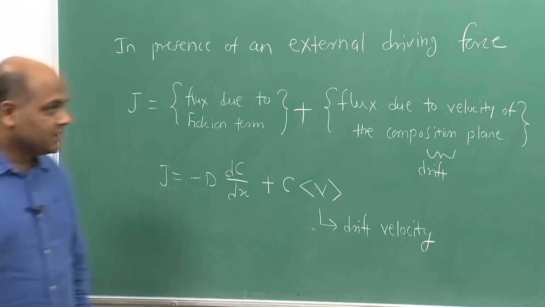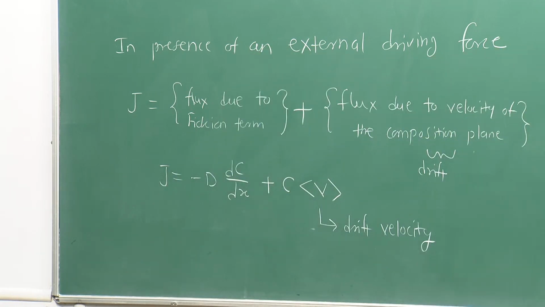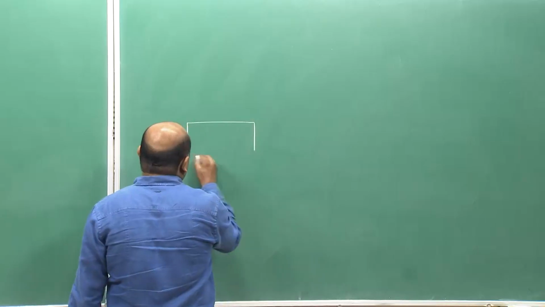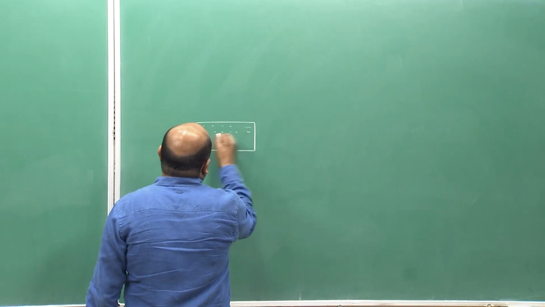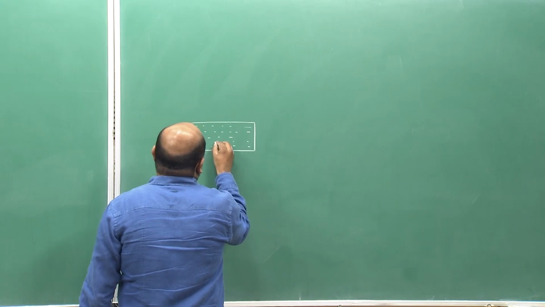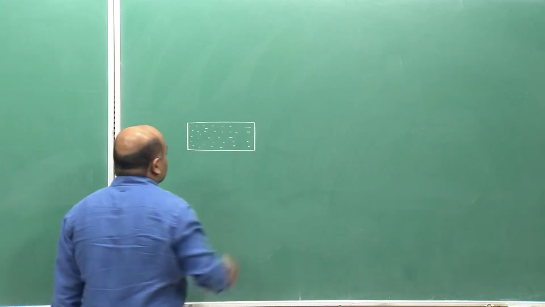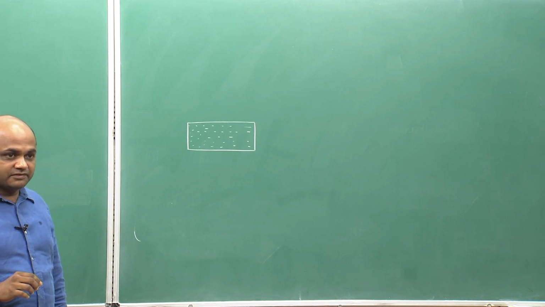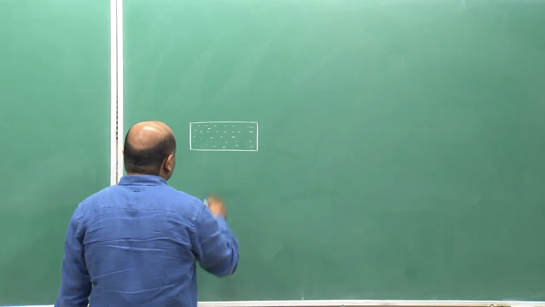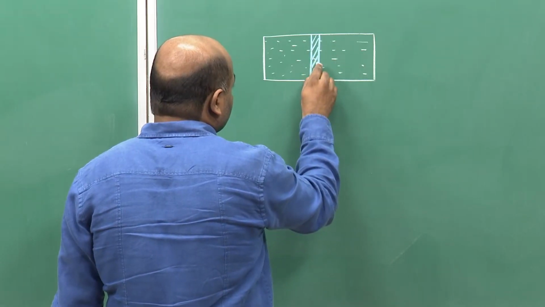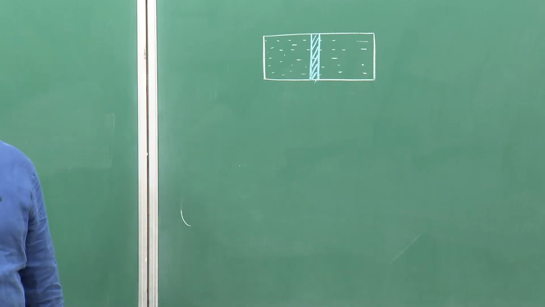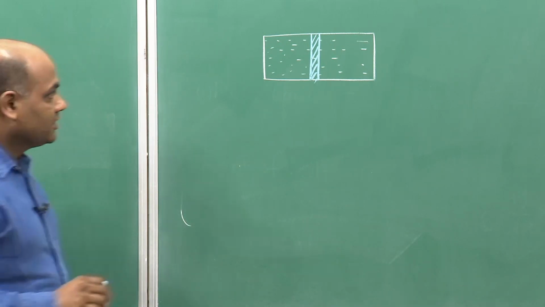So, in order to understand this more clearly, let us consider a reservoir of water which is still, okay, and suppose I introduce a plane of ink at some position in the water, what should happen?